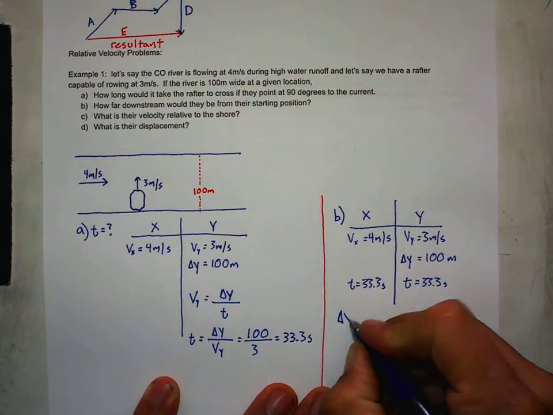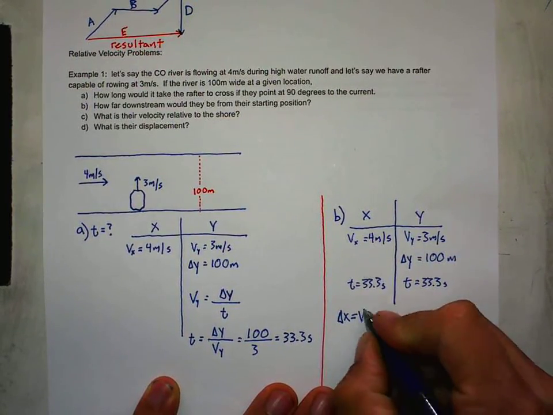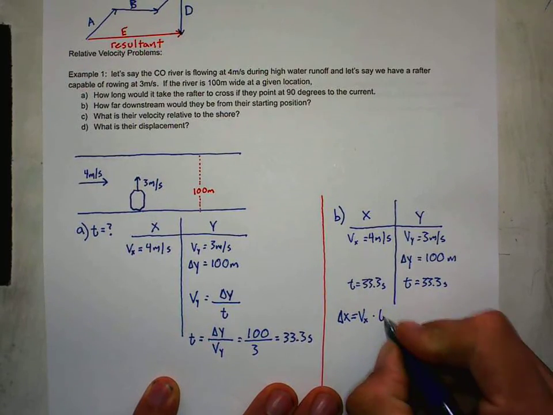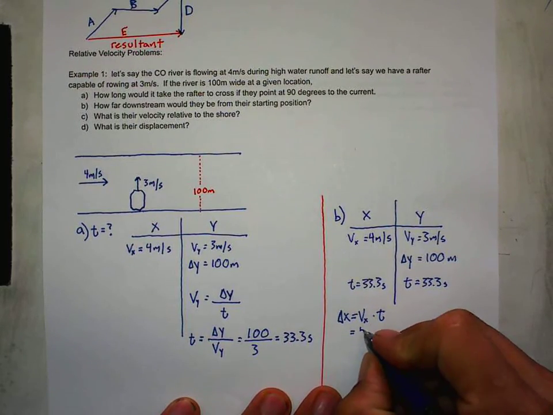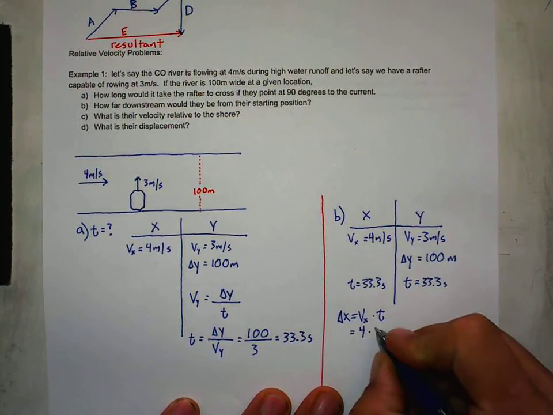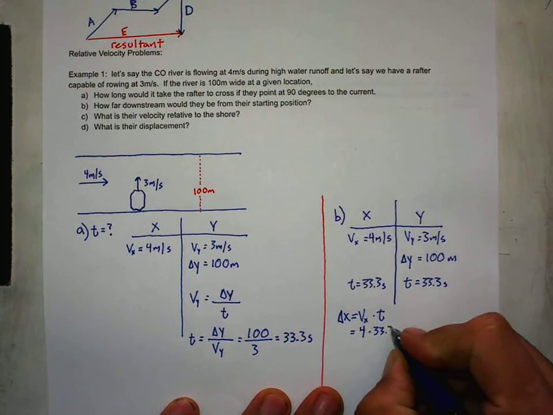Delta x is equal to the rate, or the velocity, times the time. Meters per second times 33.3.